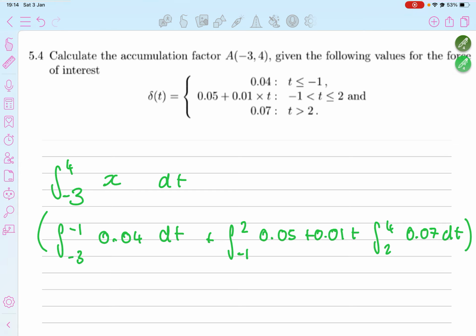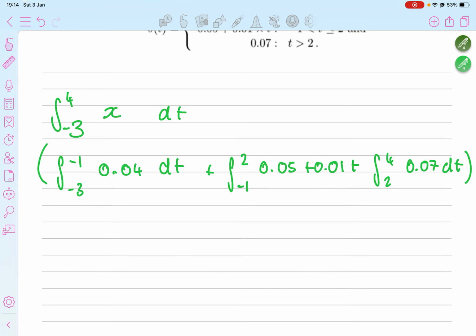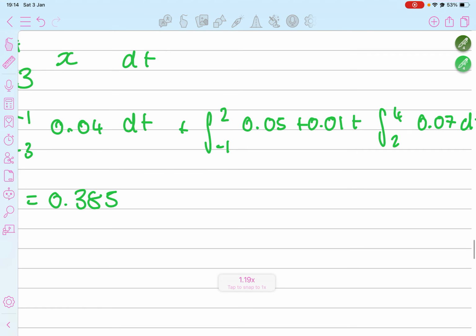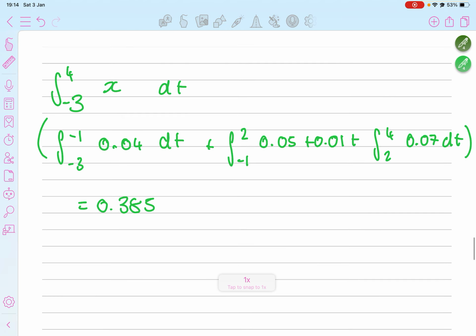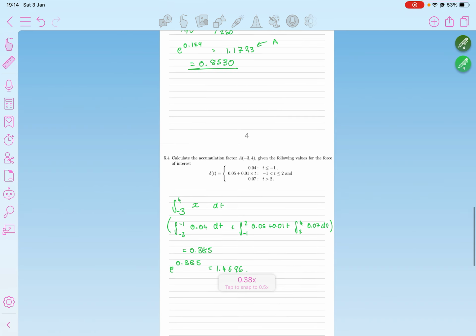And then you'll sum all of them. I know how to do integration, it's fine. So that will be 0.385. And then remember we still need to put it to exponential, 1.4696. That one's quite easy.